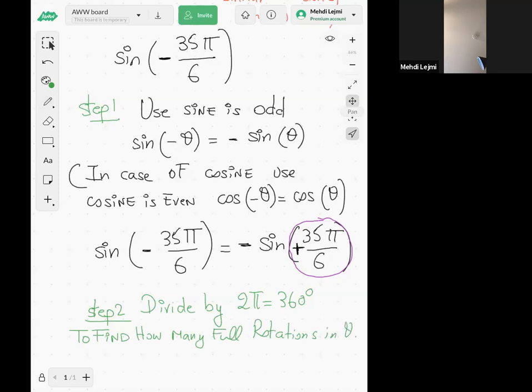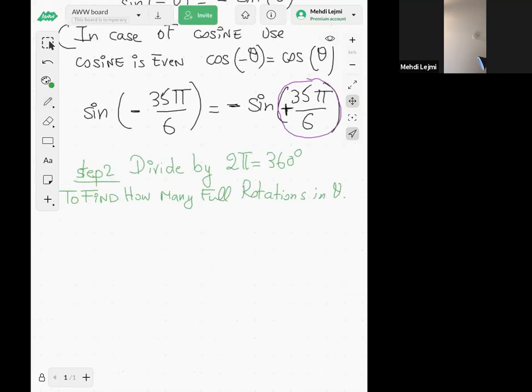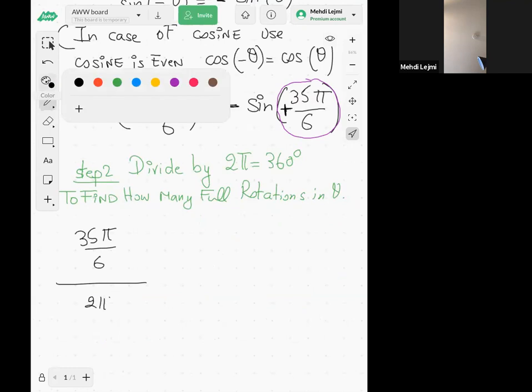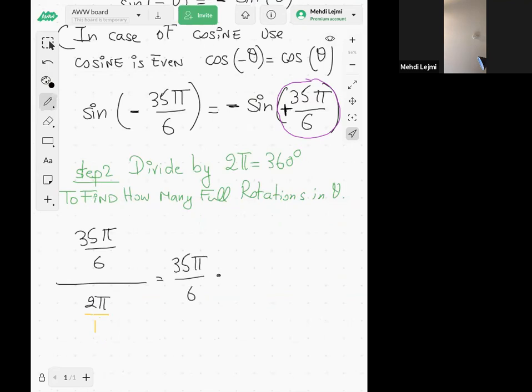So like here, it's 35 pi over 6. So I'm gonna just divide 35 pi over 6 by the full rotation, so I'm gonna divide by 2 pi. You make it look like a fraction, so it's 2 pi over 1. So it's 35 pi over 6 times, and you flip it, 1 over 2 pi.